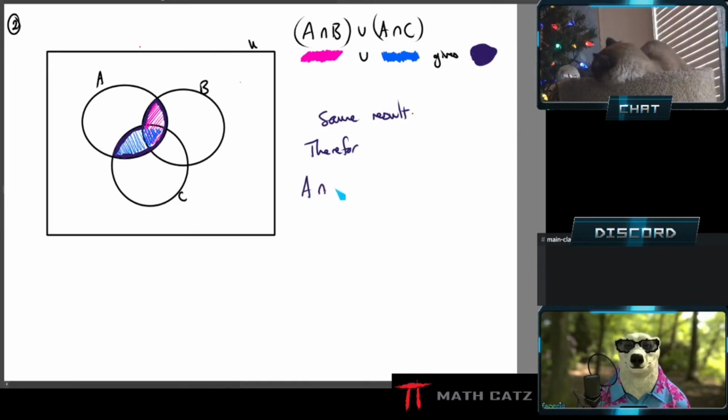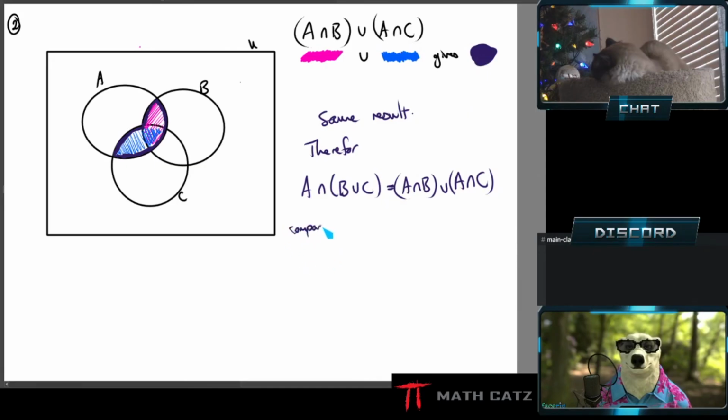A intersection (B union C) is equal to (A intersection B) union (A intersection C). Now, there are many of these identities in terms of how the union and intersection are related to each other. I'm hesitant to refer to this, but I will, and hopefully you just listen.